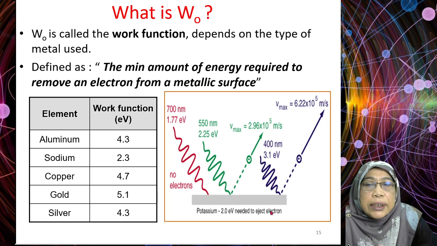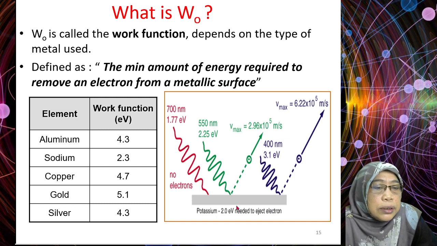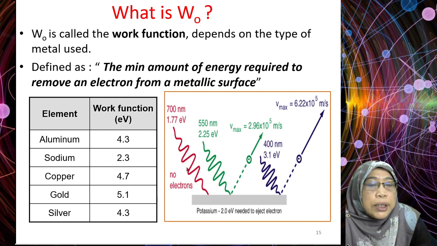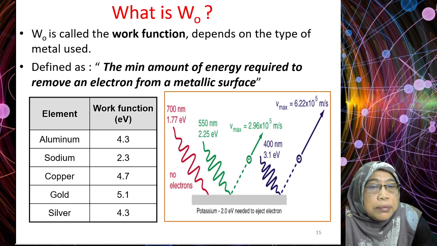Okay, let's say your metal target is potassium, so it needs 2.0 electron volt to eject an electron, meaning that 2.0 electron volt is its work function. Let's say the light that shines on the potassium metal is 1.77 electron volt.